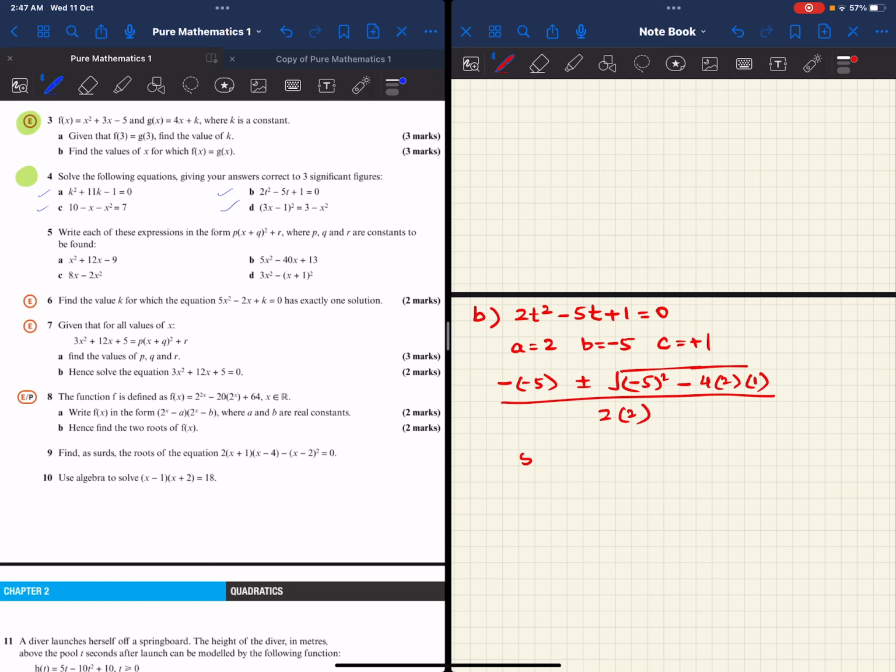So this is 5 plus or minus square root of 25 minus 4 2s are 8, 25 minus 8, because this is minus, divided by 4.